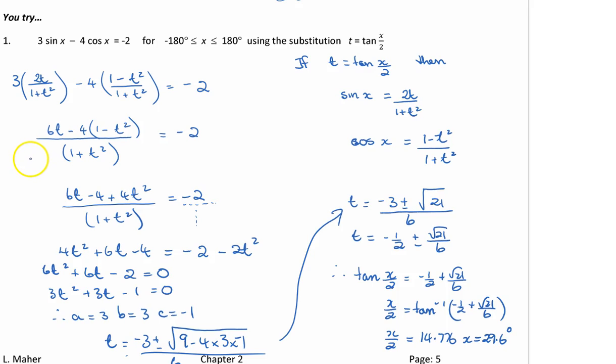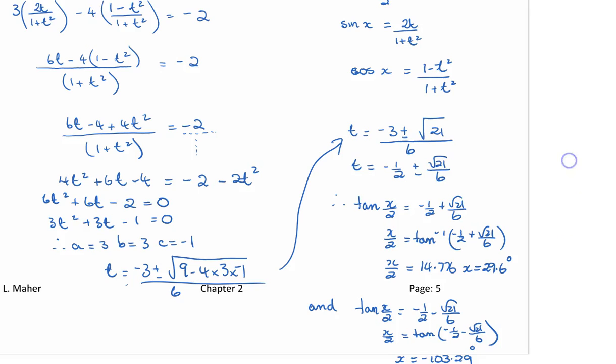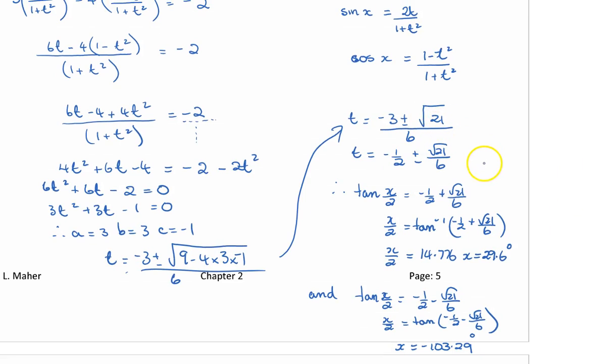So the subtraction of fractions means we need a common denominator, and in this case subtract the numerators and simplify your numerator, cross multiply, bring all terms to one side, divide both sides by 2, identify your a, b and c, use your formula, minus b plus or minus the square root of b squared minus 4ac on 2a, and then simplifying that, we've got that t is equal to minus 3 plus or minus root 21 on 6, and I just wrote that as 3 on 6, which is minus a half, plus or minus the root 21 on 6.